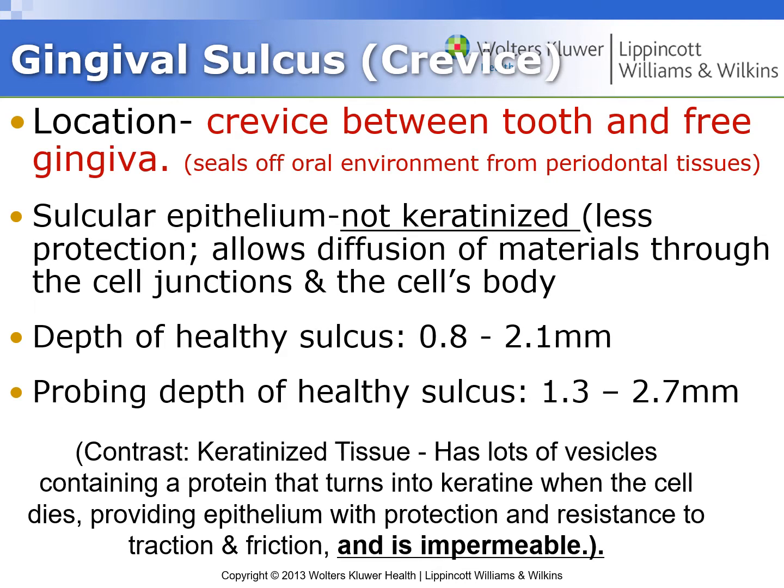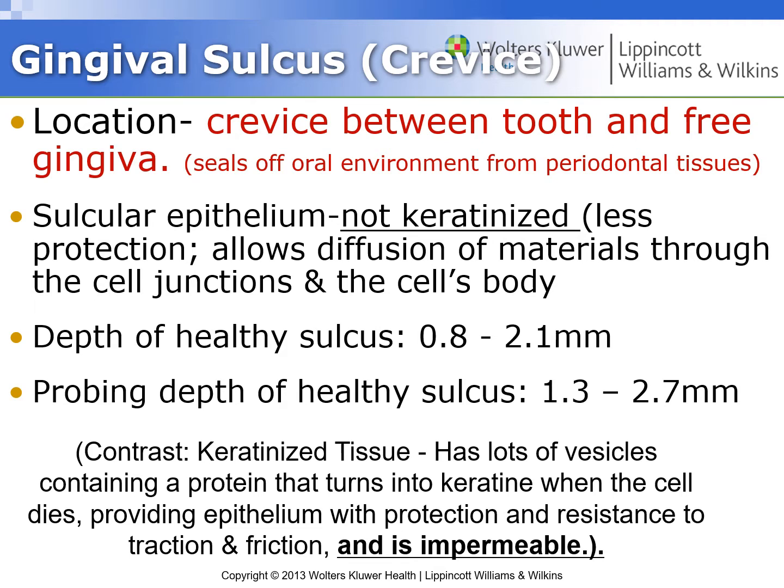Sulcular epithelium is what the skin tissue is called that is in the sulcus. So that's lining it. It's not keratinized. Something that is not keratinized is smooth and loose, and there's less protection. On something that is not keratinized, it allows diffusion of certain materials through the cell junctions and the cell's body.